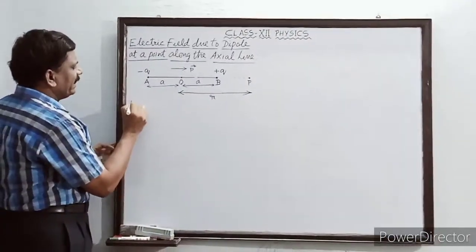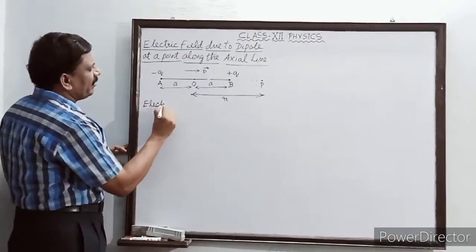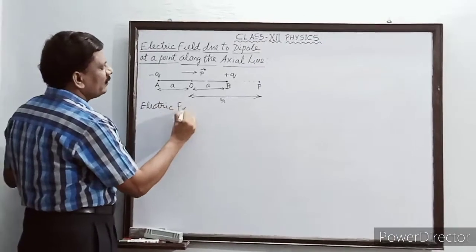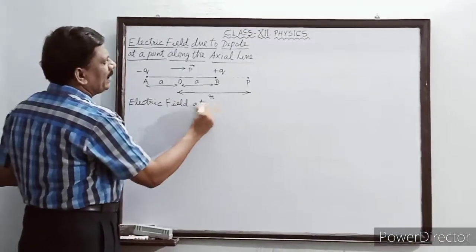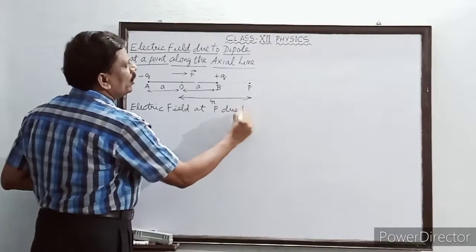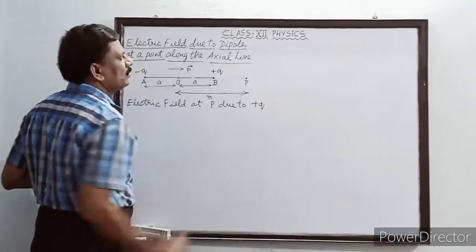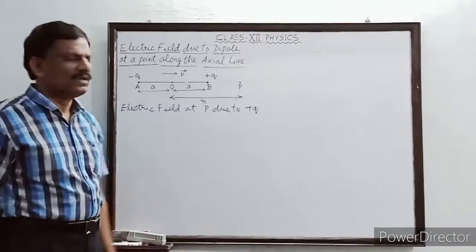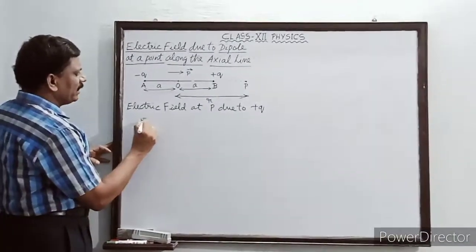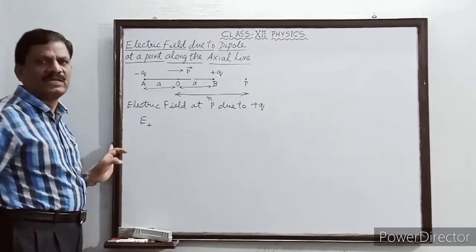So the electric field at point P due to plus q. The positive charge is plus q, so this is denoted by the symbol E plus, for positive.